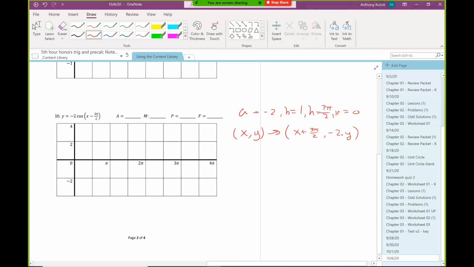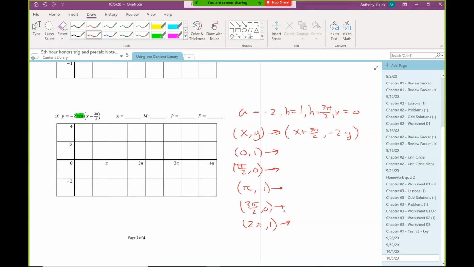Is that all okay there? All right. Since this is a cosine function, I'm going to use the key points for cosine. And now I'm just going to plug in these key points, those x and y values, into that map that I wrote just a moment ago.